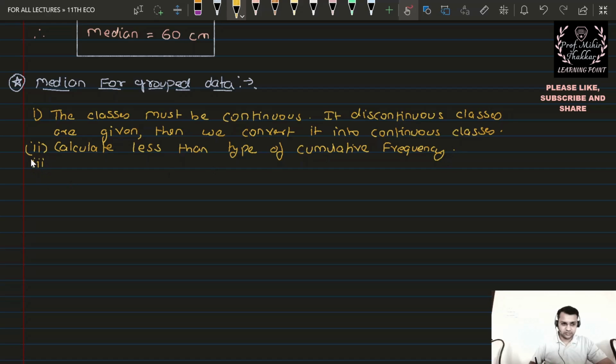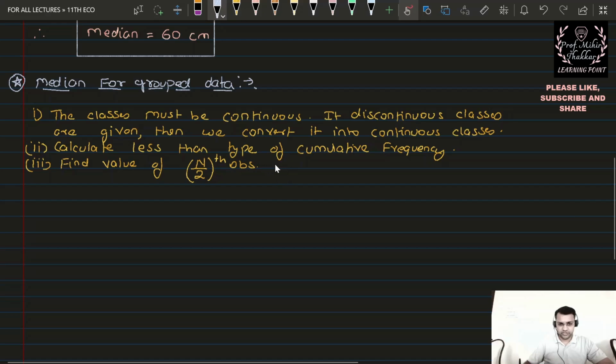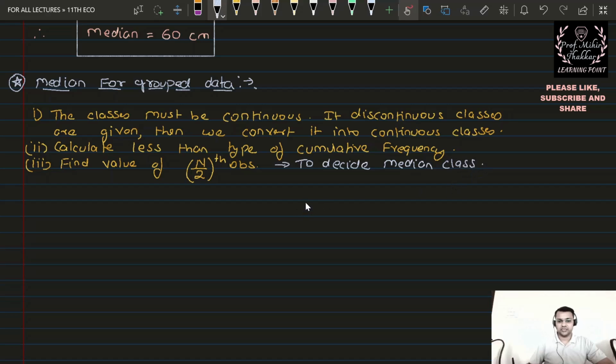Point number three, find value of n upon 2th observation to decide the median class.